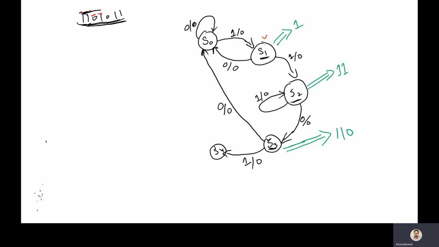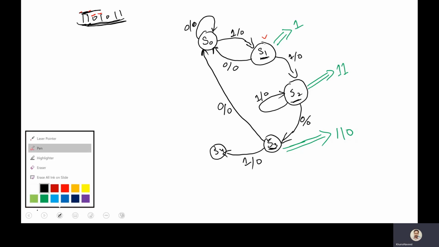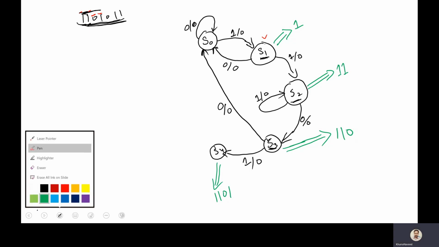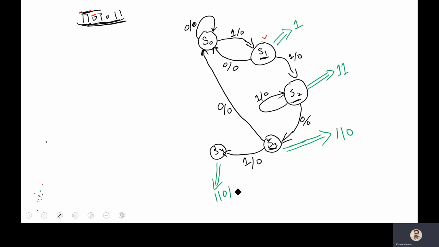First we need to specify what this state means. This state means we have now detected 110, right? And say we receive 0 at the input, that would mean we have detected this 0, and we are right on our course to detect this sequence.